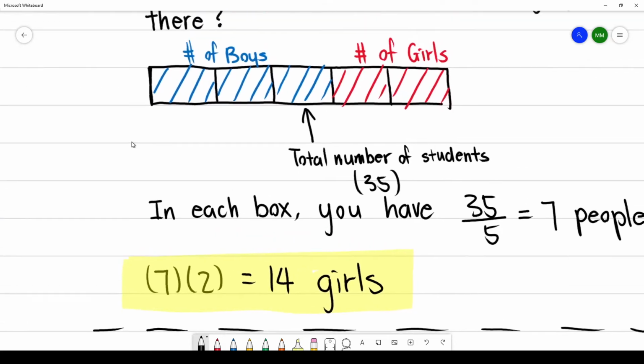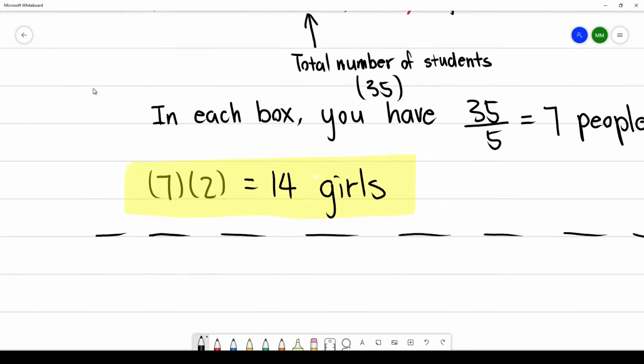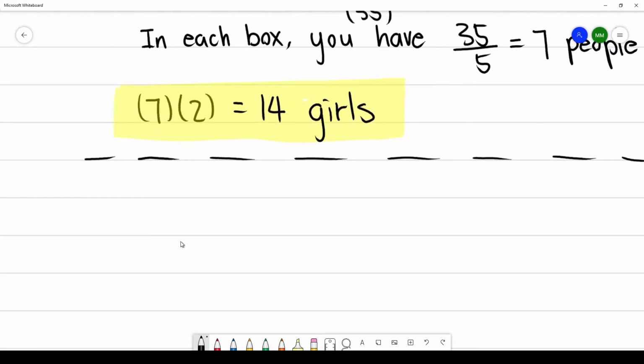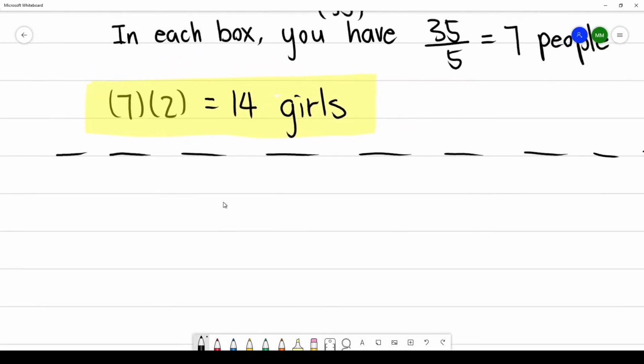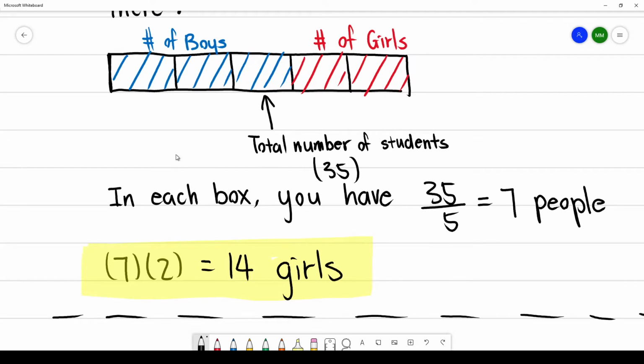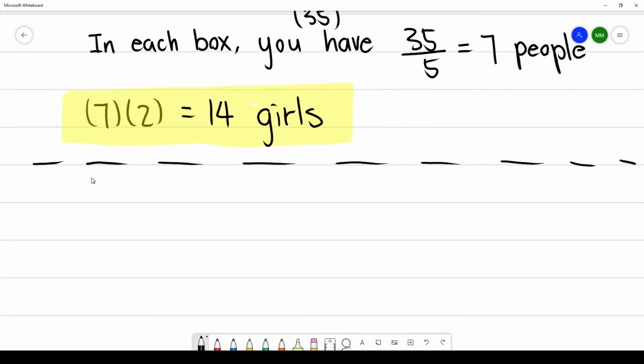Yeah, it's about the same. You can use the box method for other questions as well, but you can also try this, and see which one you prefer.